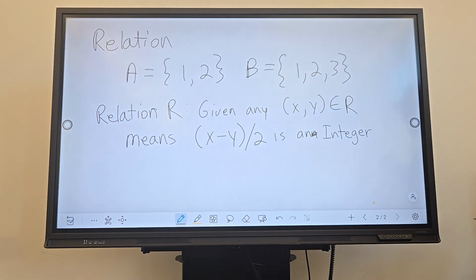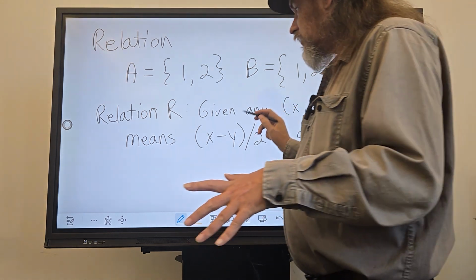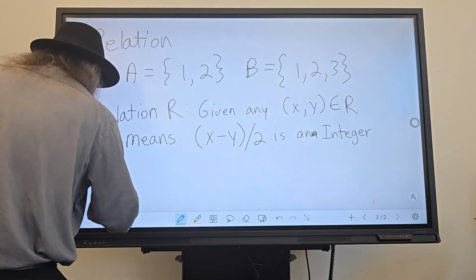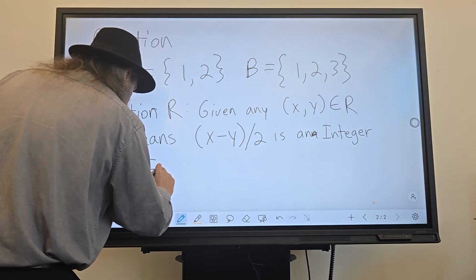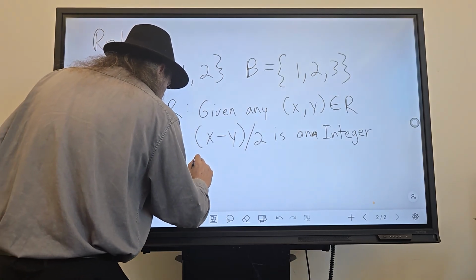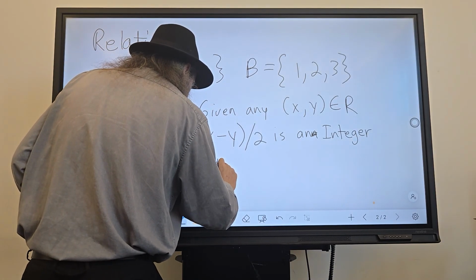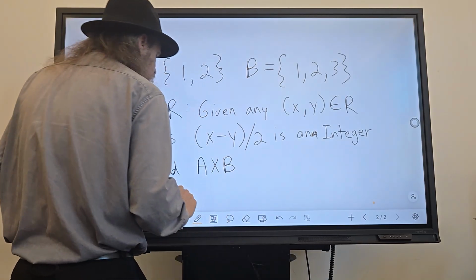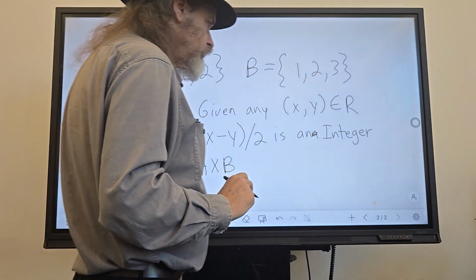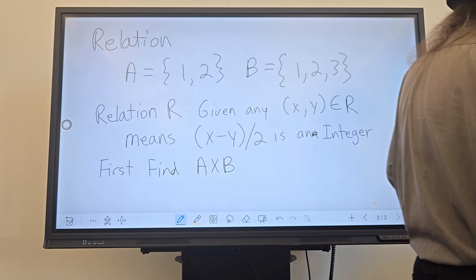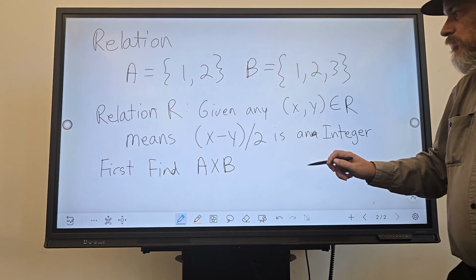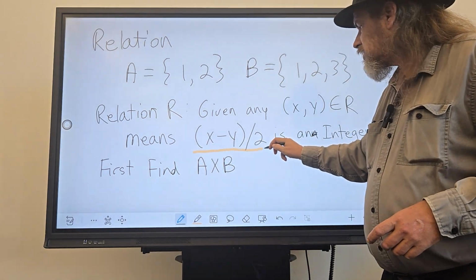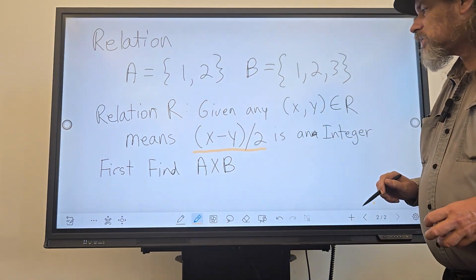So you'd first find the Cartesian product of A with B. Then you determine which of those ordered pairs satisfy the condition here.